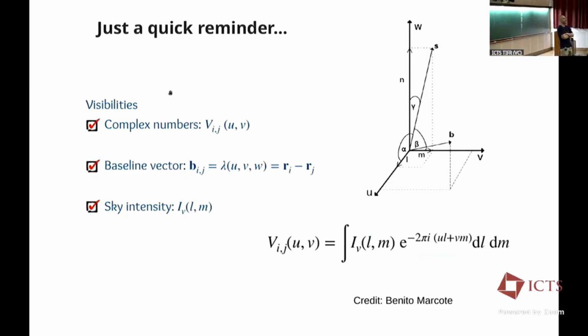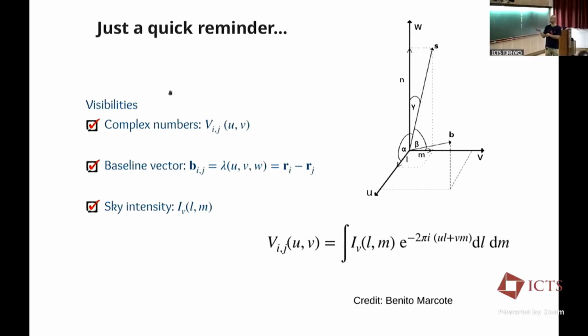Remember the direction cosines, right? L, M, and N are cosine alpha, cosine beta, cosine gamma. Can anybody tell me what happens if S and W are parallel? And these angles here are, what are they then? 90 degrees, okay. And these are direction cosines, right? What happens at cosine of 90? 0, exactly.